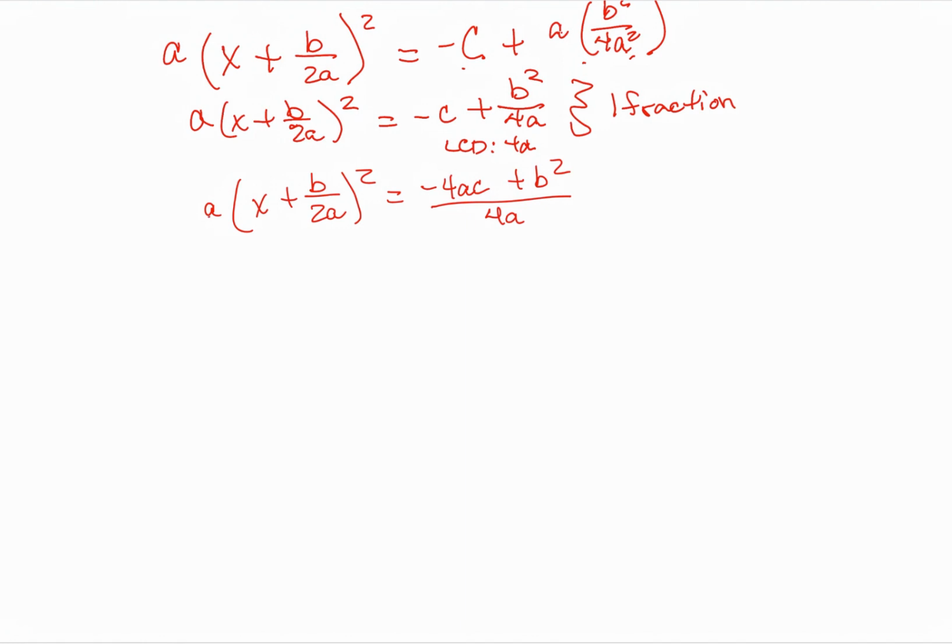Now, I'm going to divide both sides by a, which puts this a in the denominator. So what I get is x plus b over 2a quantity squared equals, and I'm going to reorder this so that it's b squared minus 4ac all over 4a squared.